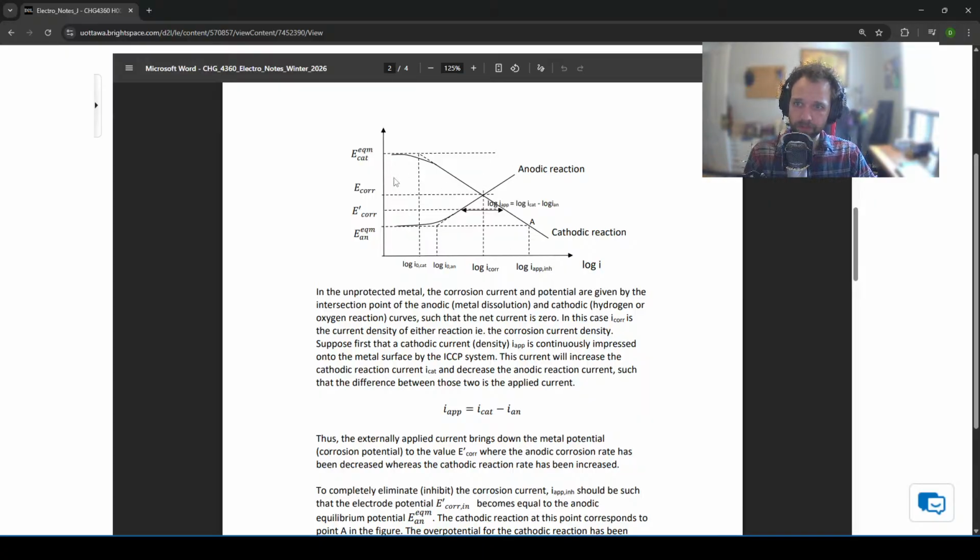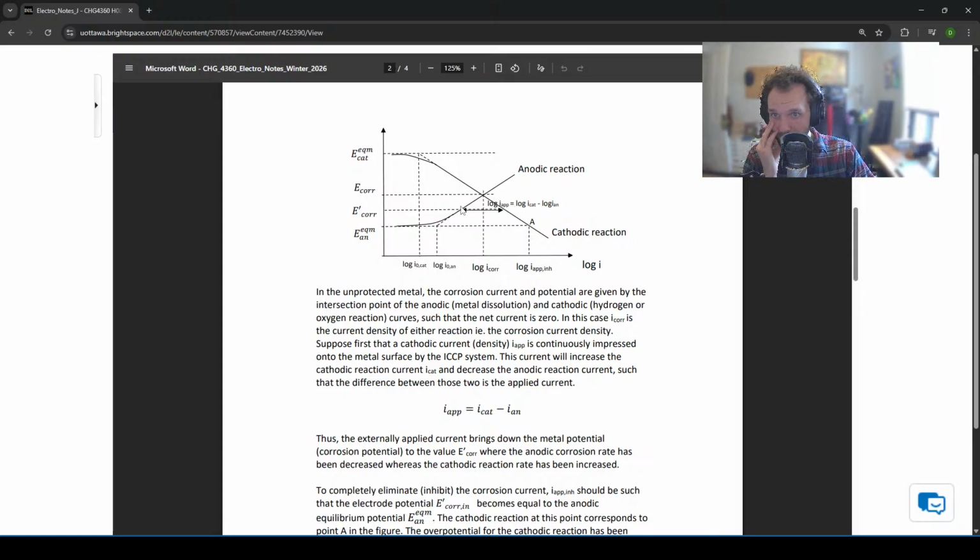So what happens is, we take our metal and we apply a current to it. And instead of being at E corrosion, which is not really equilibrium, but it's where the two reactions pair, we move further along down this line.